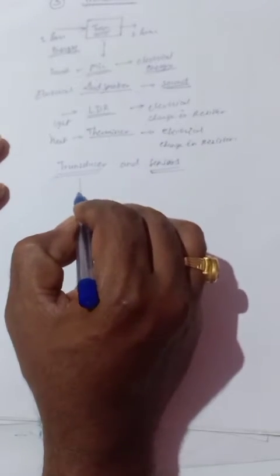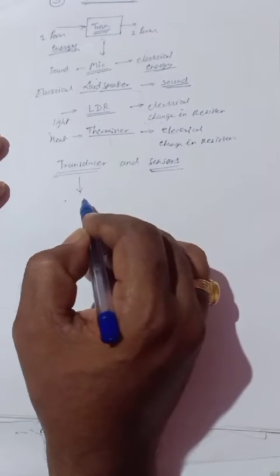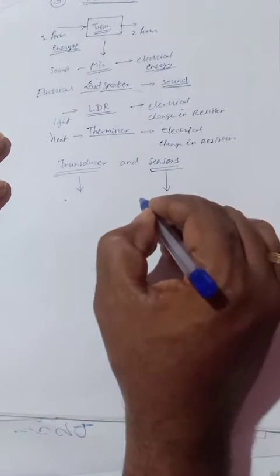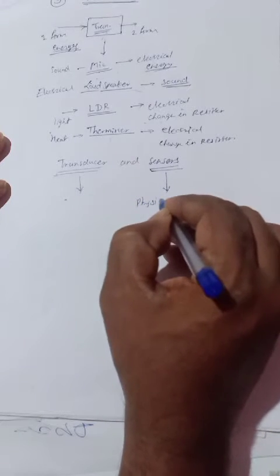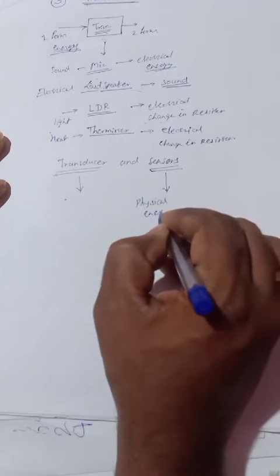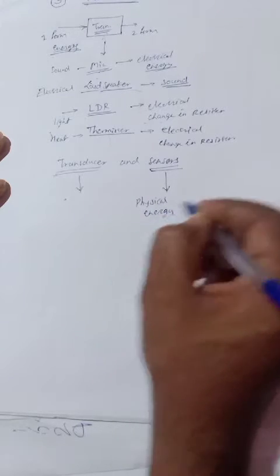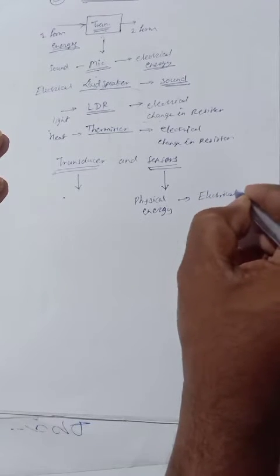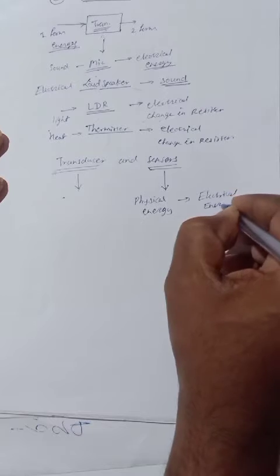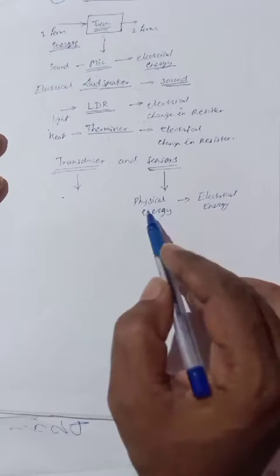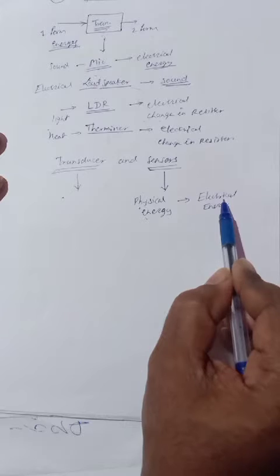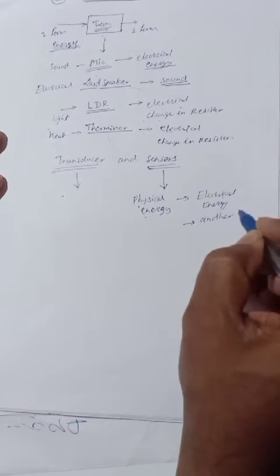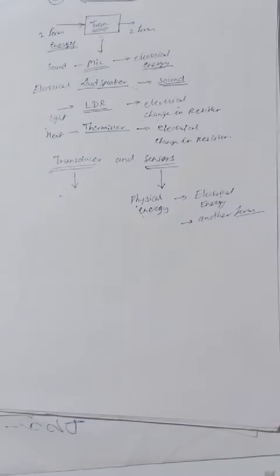A transducer converts one type of energy into another type of energy, but a sensor converts only physical energy into electrical energy or another form of energy.